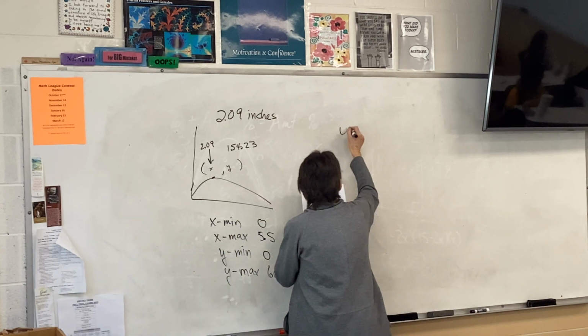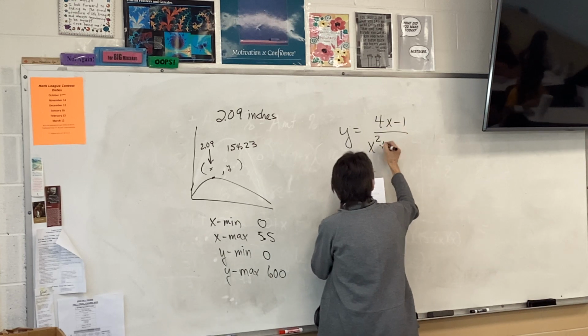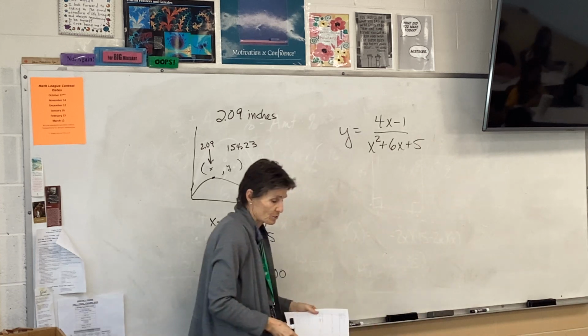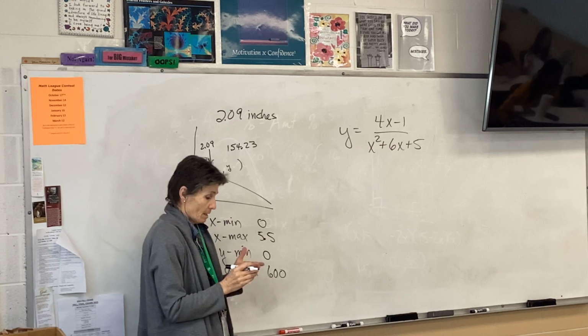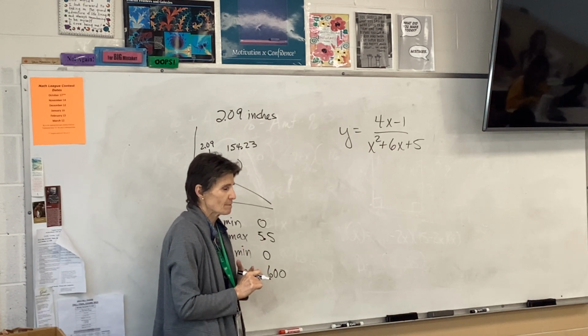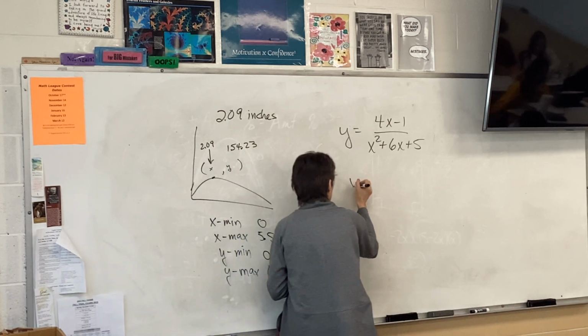Question number 1 says, look at this thing and tell me where all of the asymptotes are. What kinds of asymptotes do you look for? Vertical and horizontal.